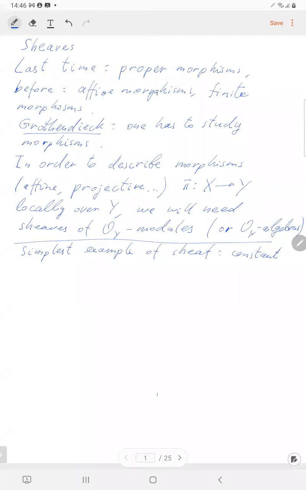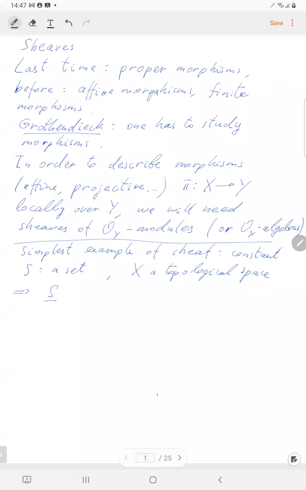So you take some set, say S, and a topological space X, and then you take a constant sheaf S underlined.